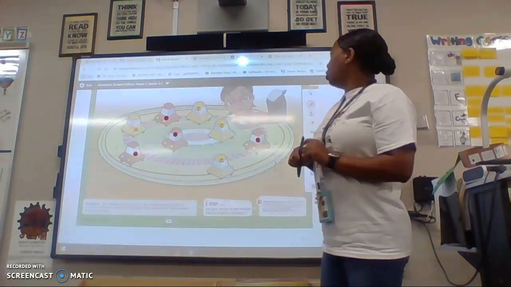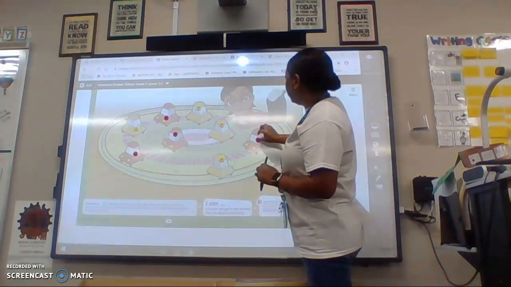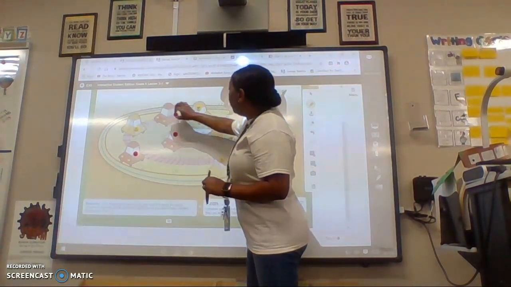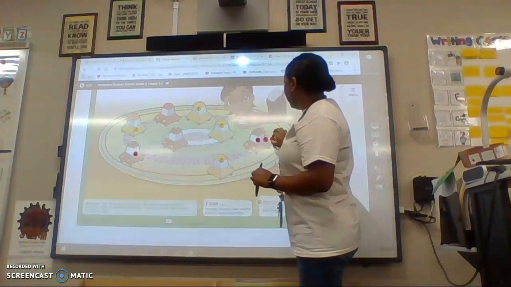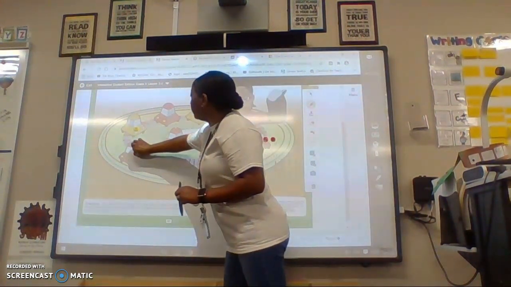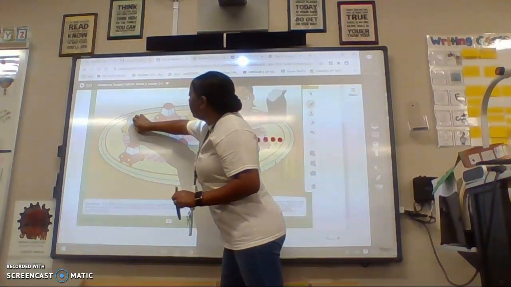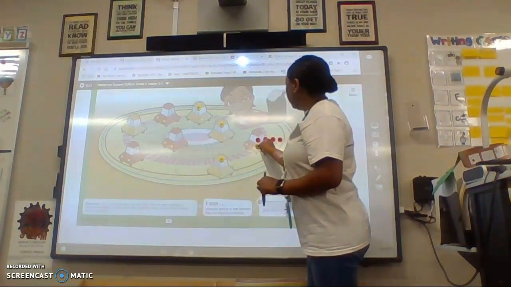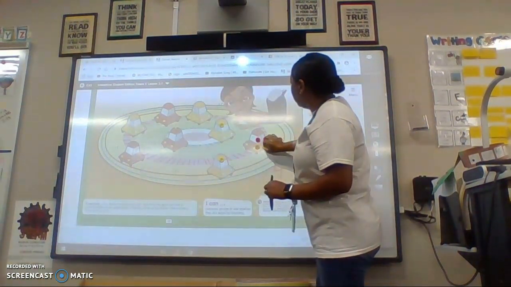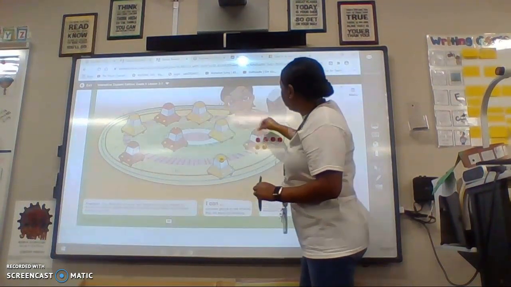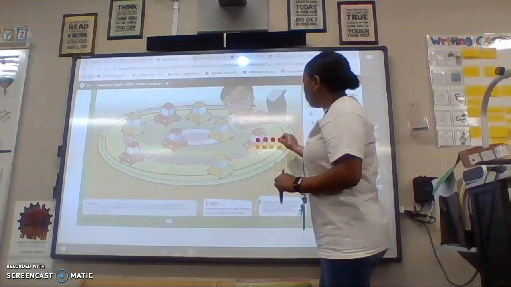Now, let's do one more thing to make sure that they're equal. Let's take our counters and actually line them up to see if there is a red counter for every yellow counter. Okay, there's 4 red, there's 1 yellow, 2 yellow, 3 yellow, and 4.